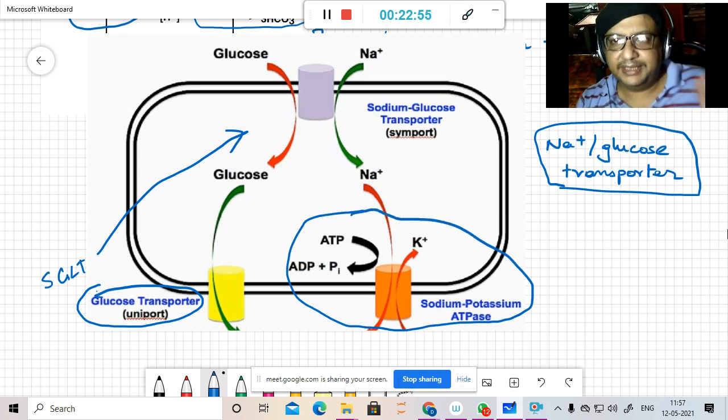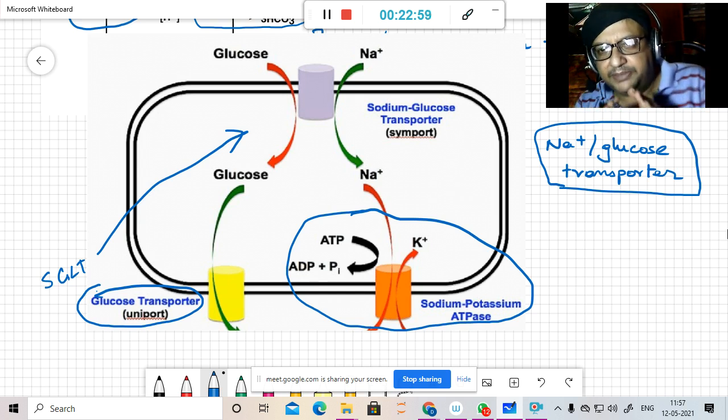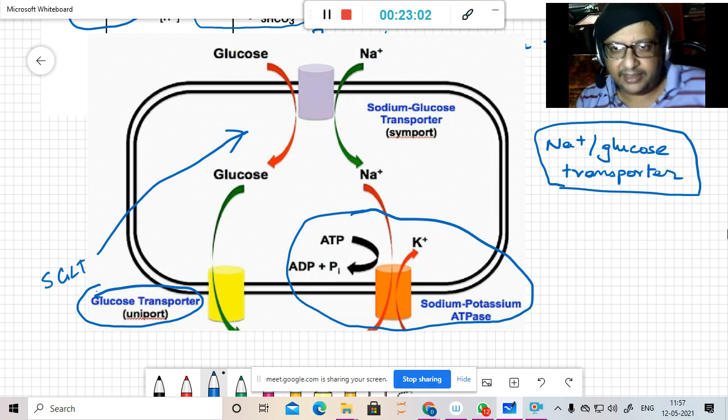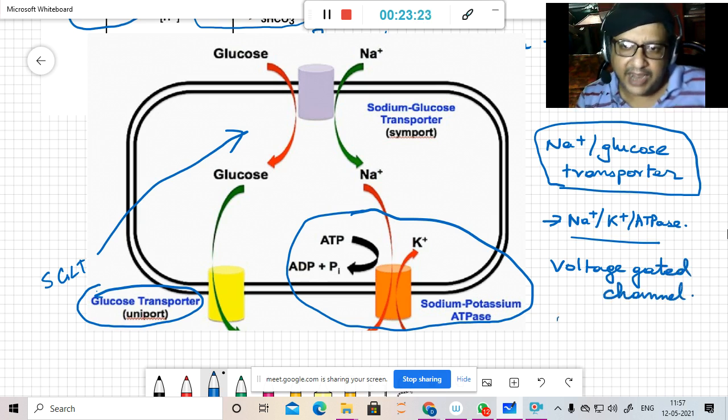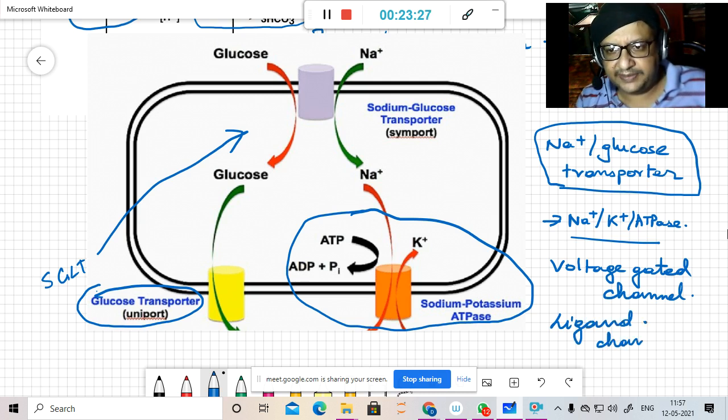So with this, basically I covered the whole of pumps and membrane channels, and I would recommend you to read about the sodium potassium ATPase pump very thoroughly, as well as the voltage gated channel, and you can read also the ligand gated channel.